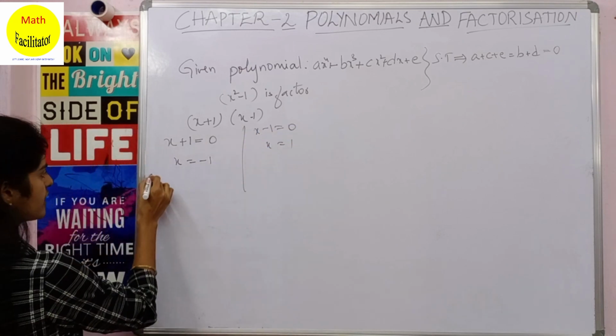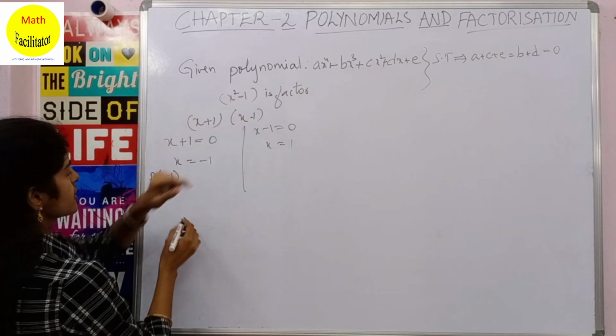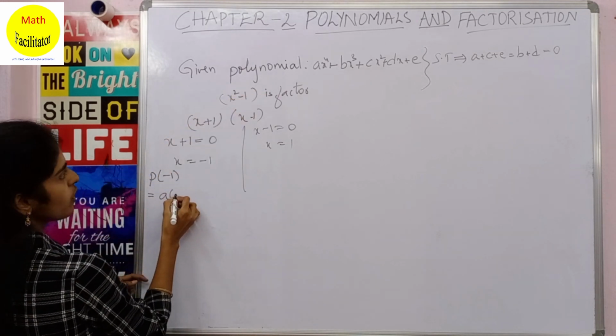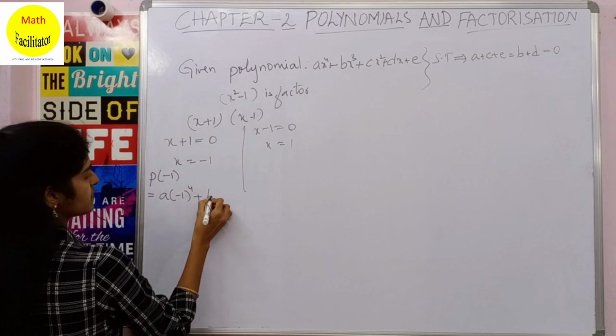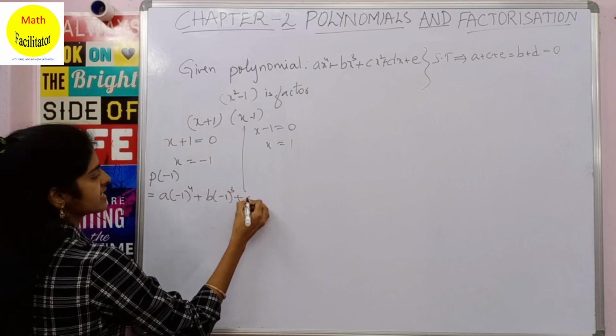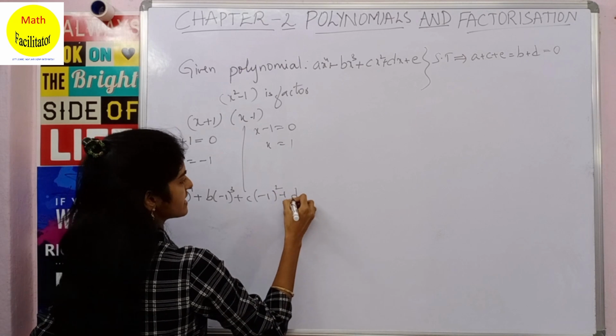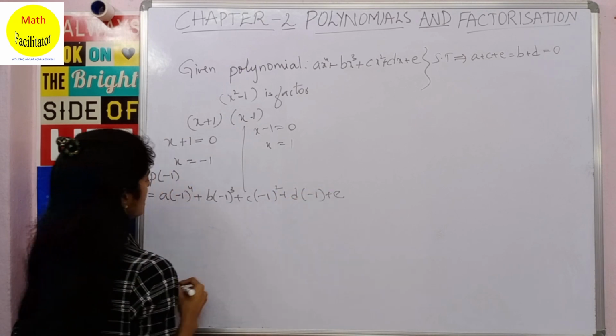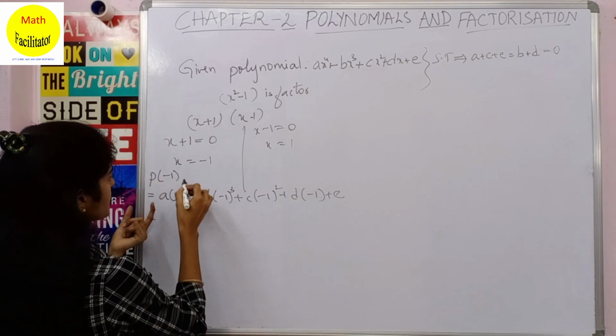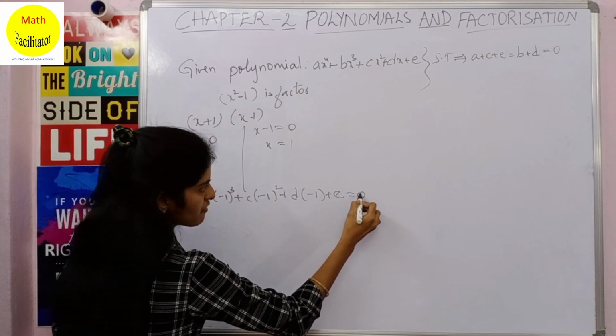Now substitute p of minus 1 in this. So p of minus 1 is a into minus 1 power 4 plus b into minus 1 cube plus c into minus 1 square plus d into minus 1 plus e. So p of minus 1 is 0 since this is a factor.